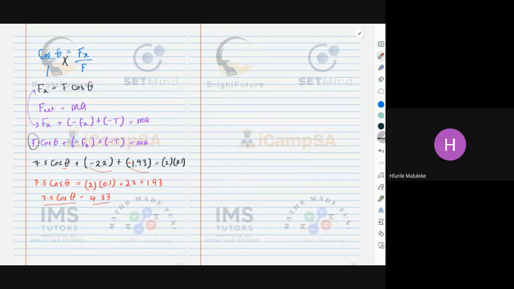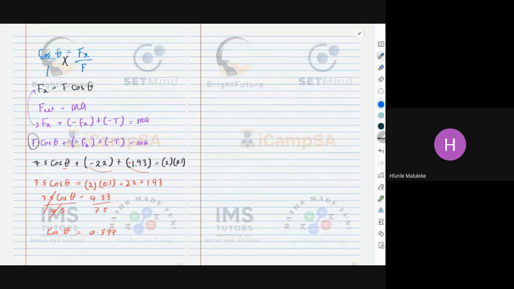Then 7.5 cos theta, right? Divide both sides by 7.5. 7.5 goes away. We have cos theta equals to, divide by 7.5. Then you have 0.577, right? So we want theta.